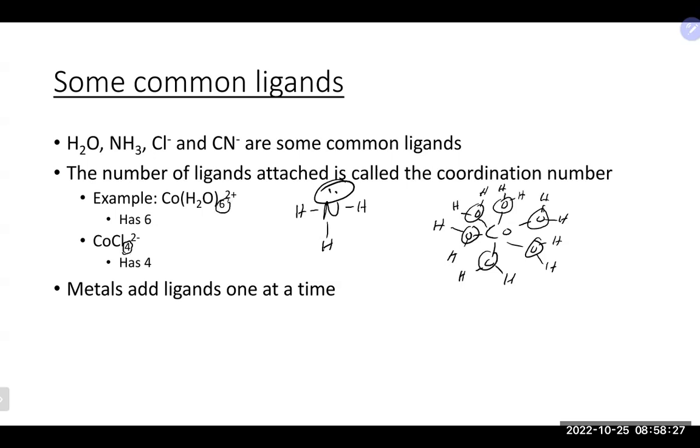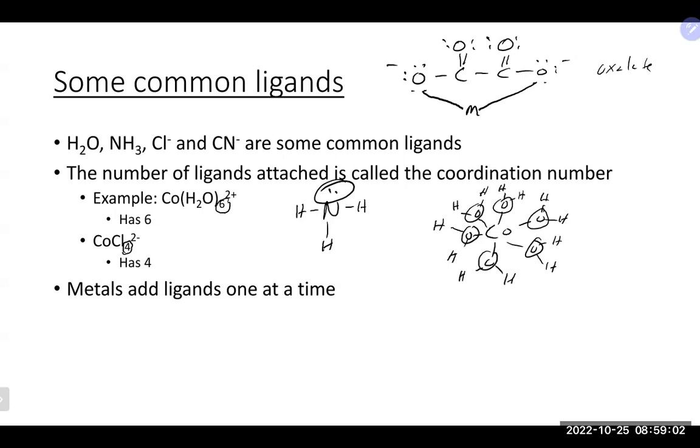And as we'll talk about in a later chapter, that's not always the case. There are certain ligands that could attach in multiple places per molecule. A common one is oxalate, which looks something like this. Basically, to the metal, each oxalate molecule could attach in 2 places, which is referred to as being bidentate.